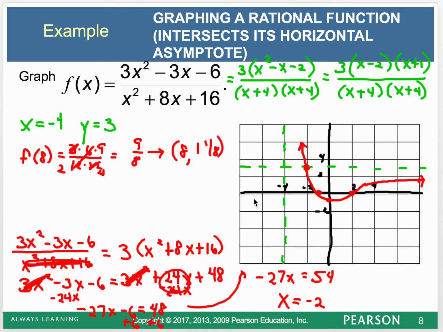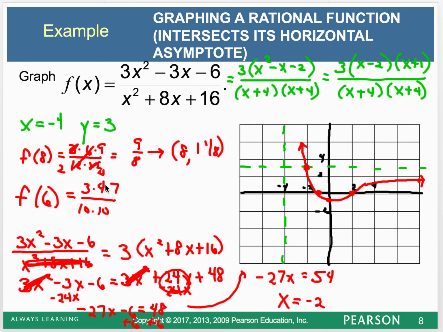Okay, now I just need to know what's happening over here. I know it doesn't cross that again because I've already found the values where it crosses it. So 2, 4, 6. Let's do f of 6. So that would be 3 times 6 minus 2 is 4, 6 plus 1 is 7. Okay, 6 plus 4, so this is 10 times 10.